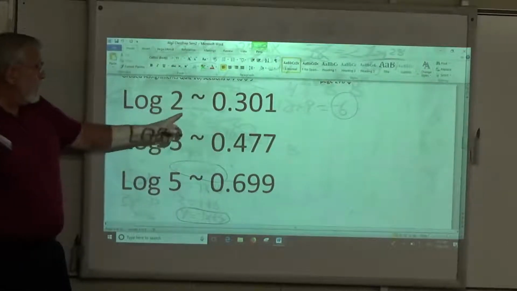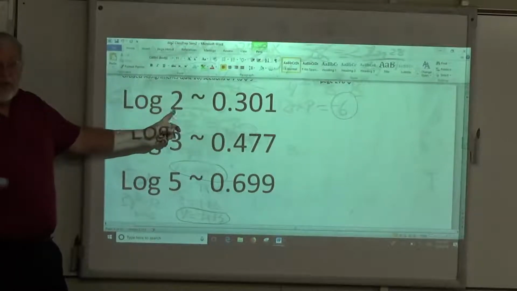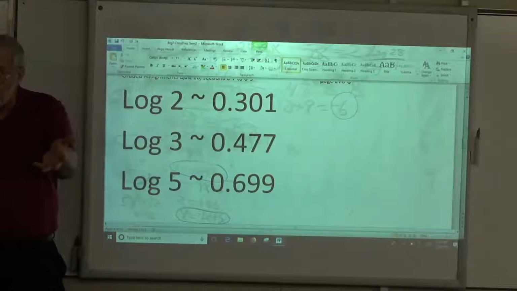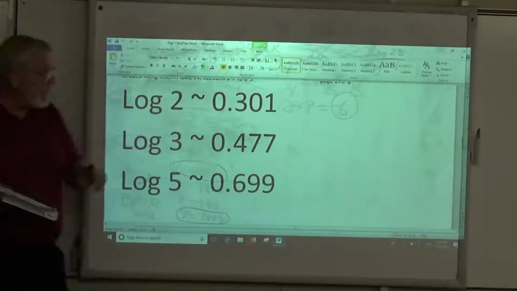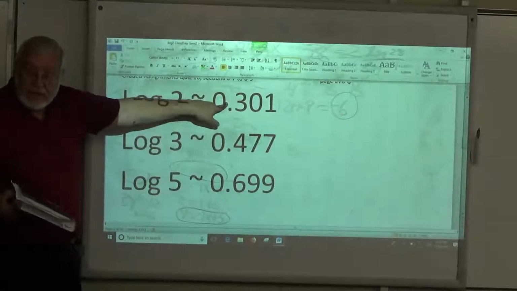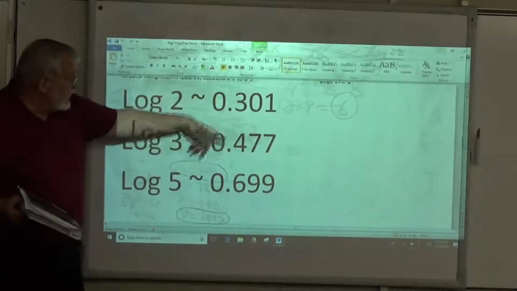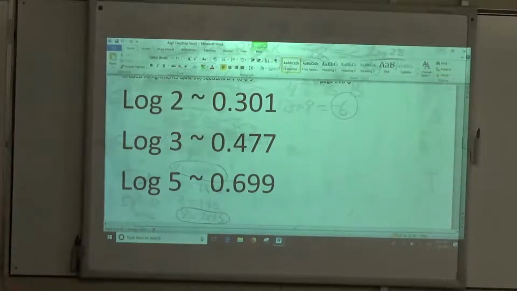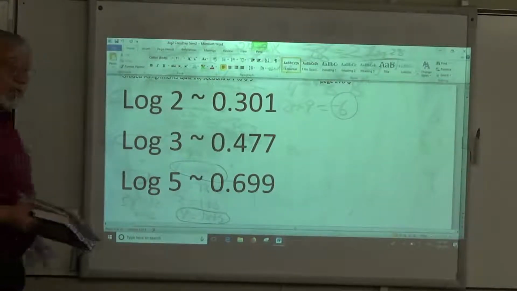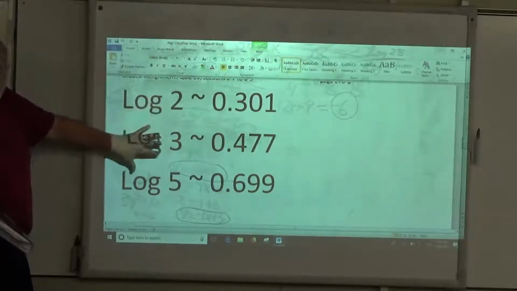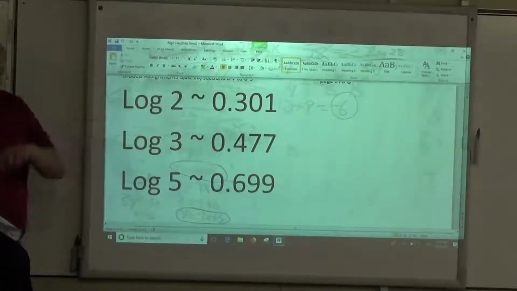If you were doing a test with a calculator, there's something that you can put in. But if you're doing it without, you're going to take log of 3, subtract log of 2, and so it's going to be 0.176. But what I want to know is whether or not you can see what to manipulate in order to get what's in the book.